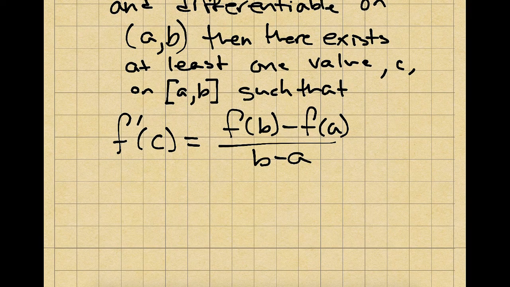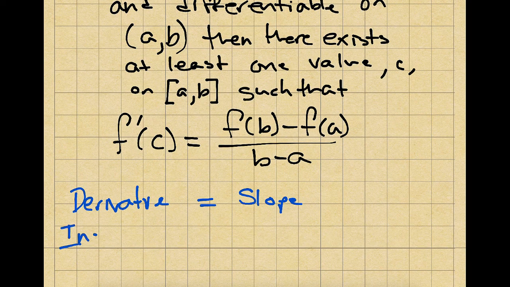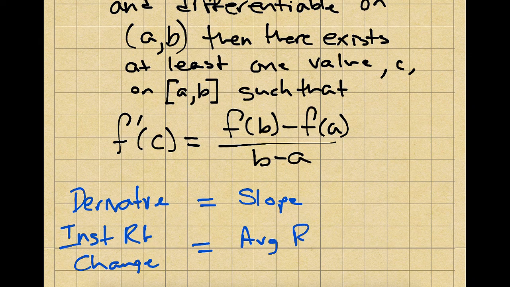So remember last year we talked about this being the derivative is equal to the slope. The instantaneous rate of change is equal to the average rate of change. So that's what the mean value theorem is saying.